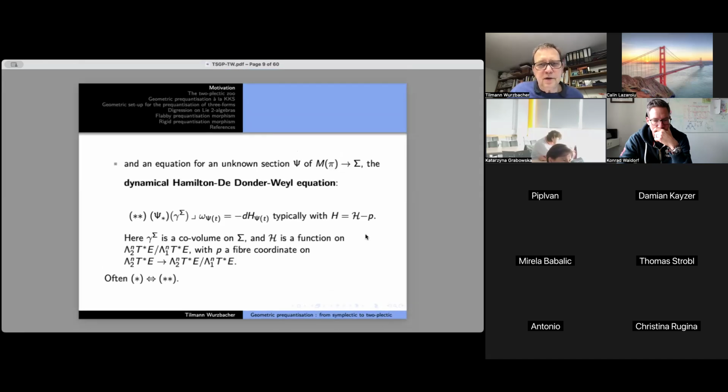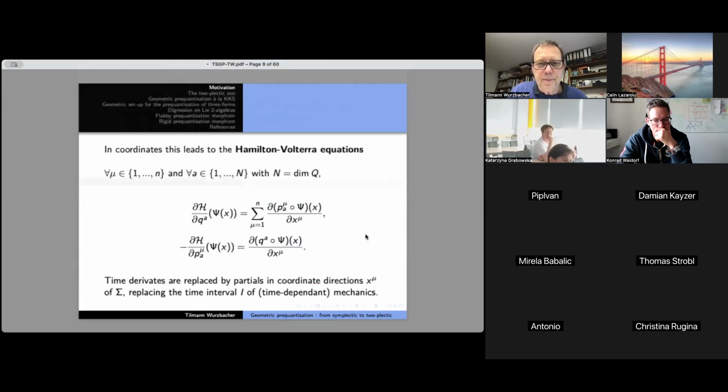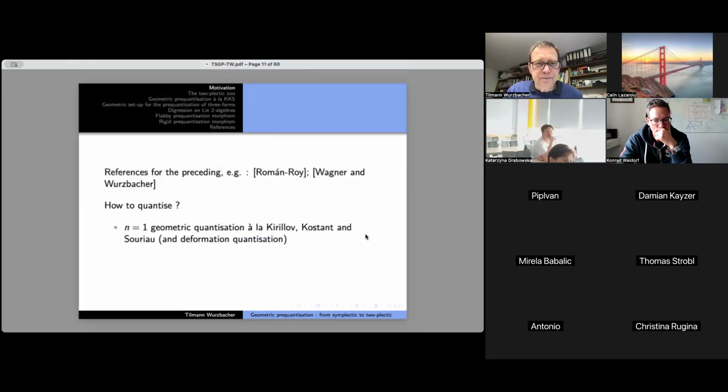For me, this is in a certain sense motivation because I'm more interested in the general multi-symplectic setup. These are the Hamilton-Volterra equations. I'm citing Roman Roy there, and myself with a small paper with a PhD student where we study this in a bit of detail.